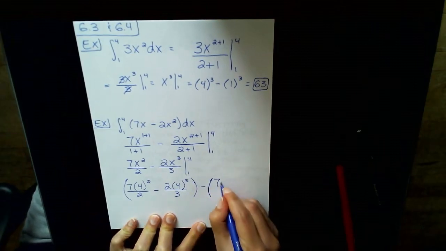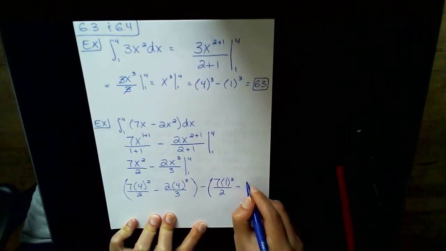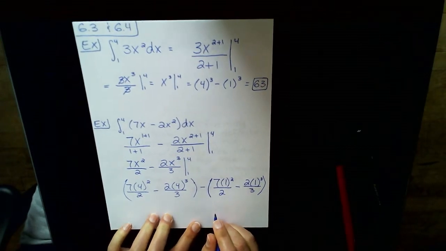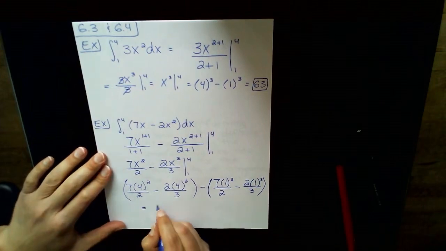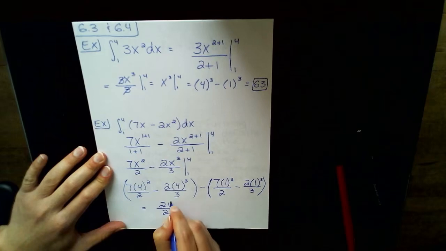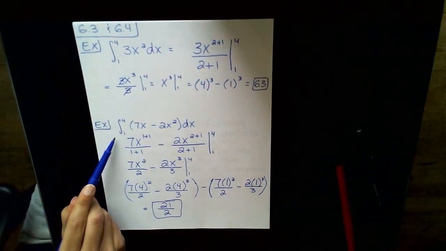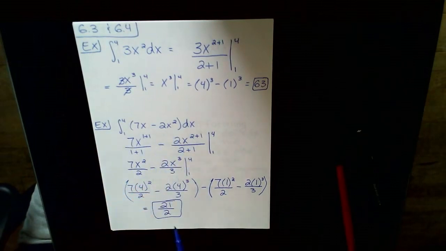So we get 7 times 1 squared over 2 minus 2 times 1 cubed over 3. And when you plug all of this into your calculator, you would be left with 21 over 2. So the integral from 1 to 4 of 7x minus 2x squared dx is equal to 21 over 2.